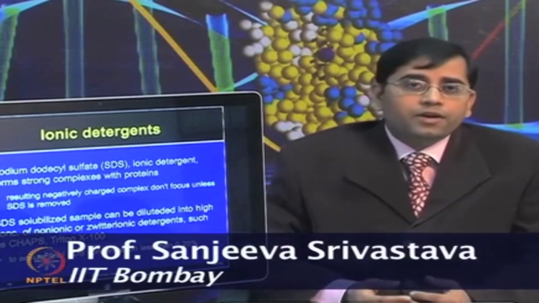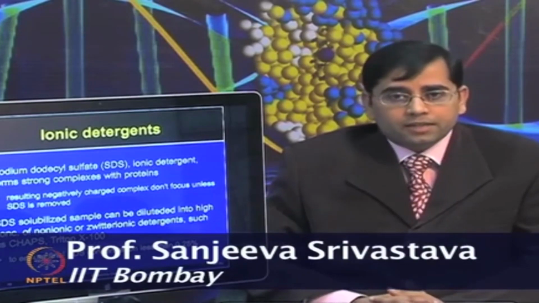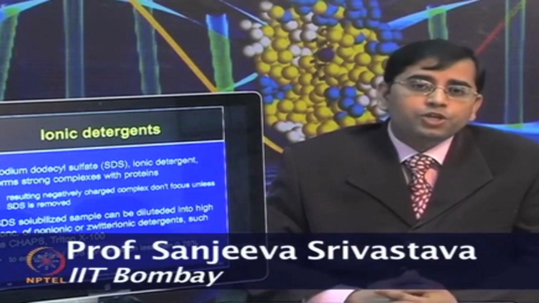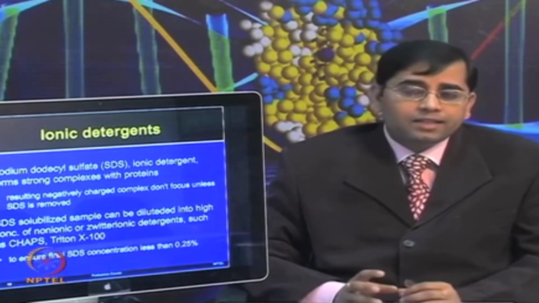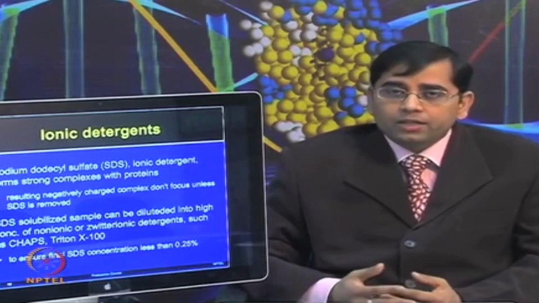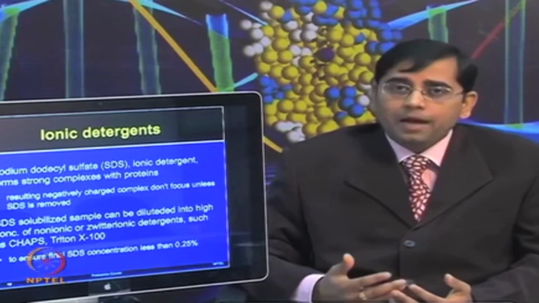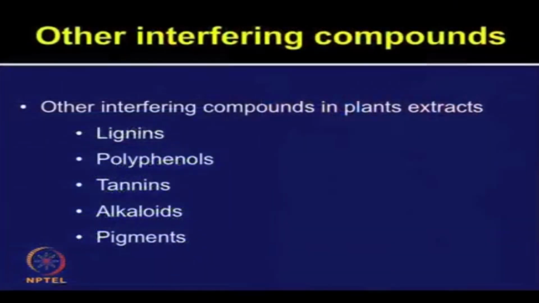So, you can try different types of non-ionic or zwitterionic detergent. This step will ensure that the final SDS concentration is less than 0.25%. Otherwise, your isoelectric focusing will be hampered by this excess of SDS molecules.